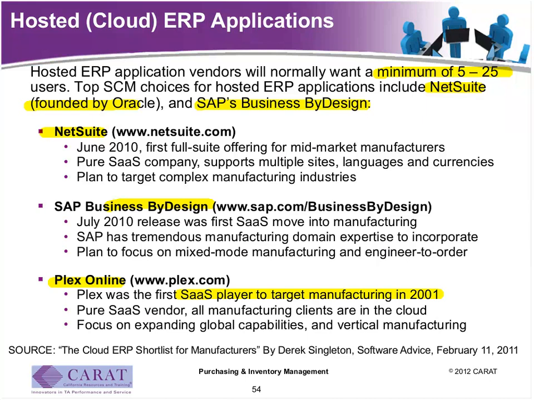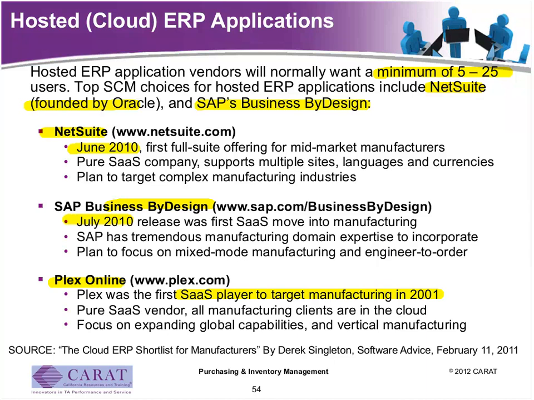Both the Oracle NetSuite application first offered manufacturing type functionality in June 2010. SAP offered it in July of 2010, fairly new entries, but because of all the domain expertise that Oracle and SAP have built up over the years, they're rapidly catching up to the longtime players like Plex.